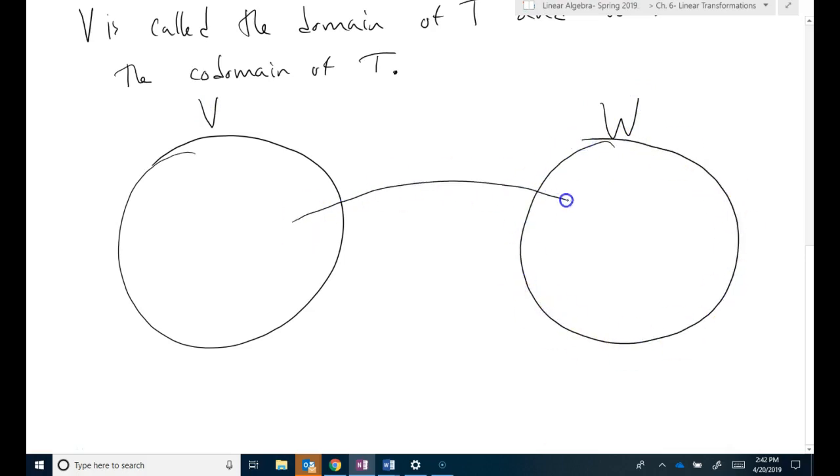Okay, and T is this mapping, and it'll take an element, a vector V in V, and take it to another vector W in W. One of the challenges that we're going to do is to start to define how exactly T takes V to W. What kinds of V's can we take to W?